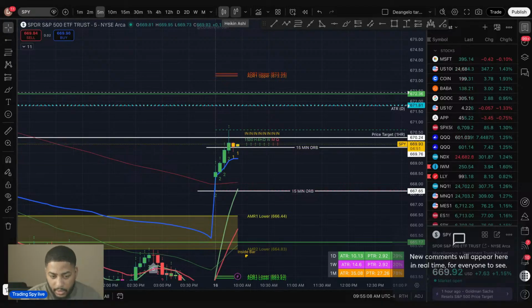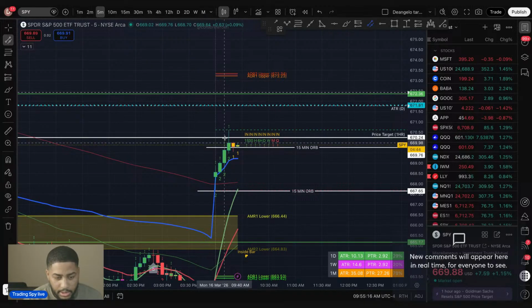And close right on the line. Yep. So a lot of times, y'all, it'll build out a bull flag. Let me draw a little baby one.